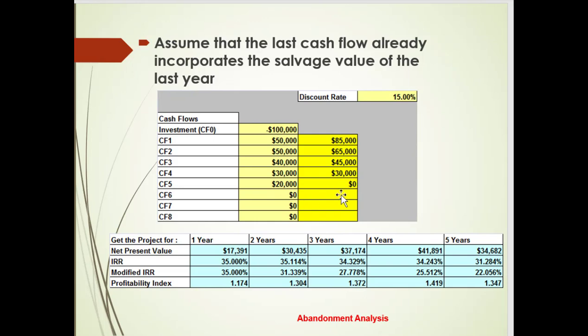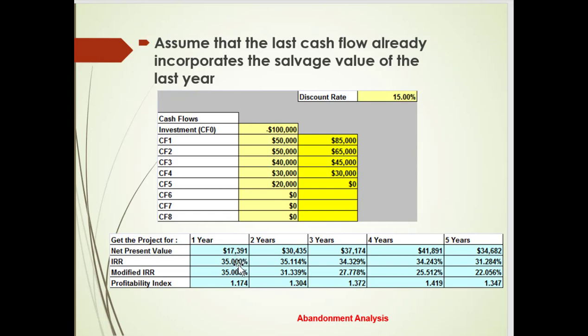It's just a little trick we had to do to make the spreadsheet work. So again, we spent this money. If we only do it for 1 year, we spent $100,000, we made $50,000 from the project, we sold the project and made $85,000. So negative $100,000, then the first year's cash flows would have been $135,000. What is that net present value?